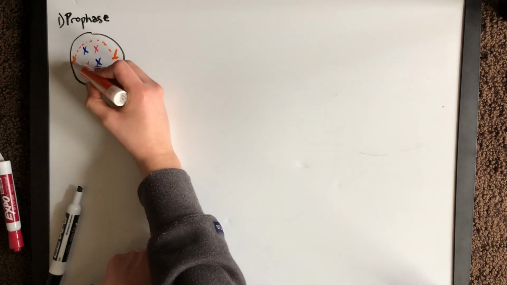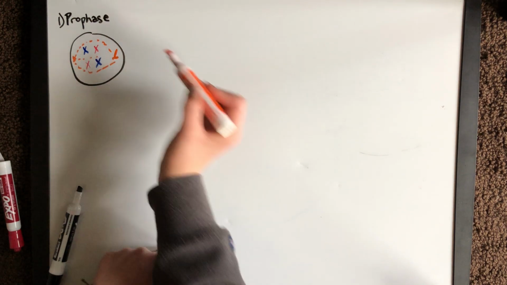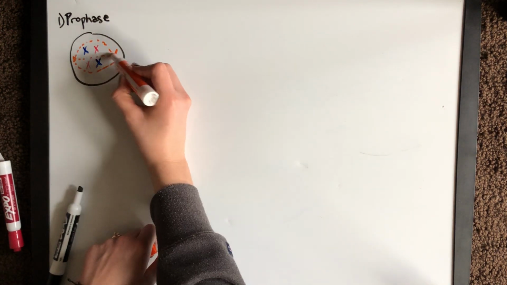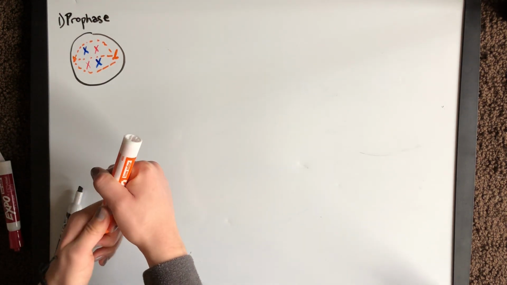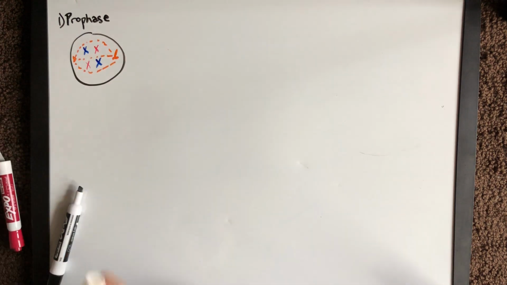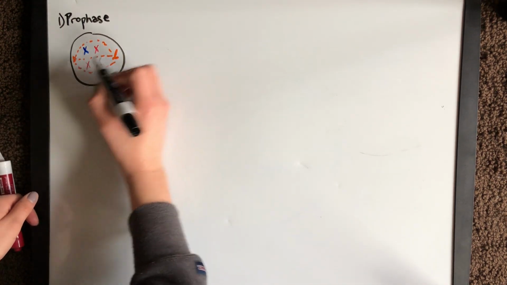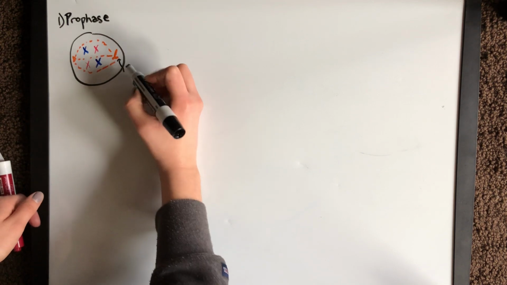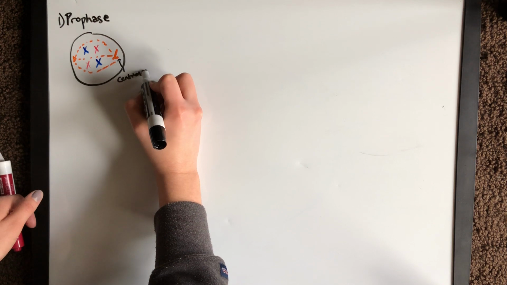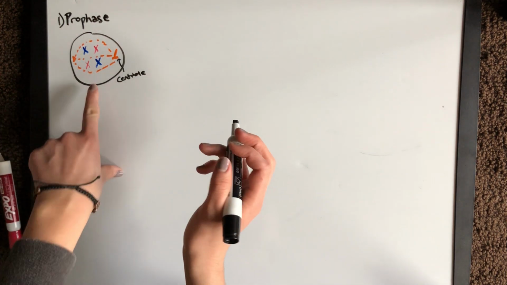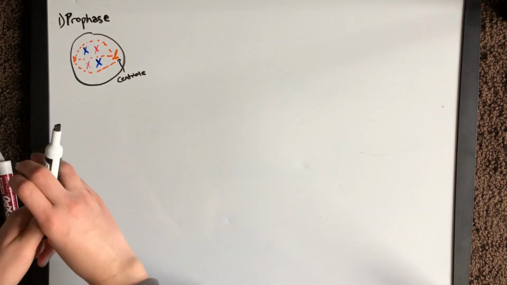So we're starting to form our mitotic spindle. That's where our mitotic spindle is growing out of.